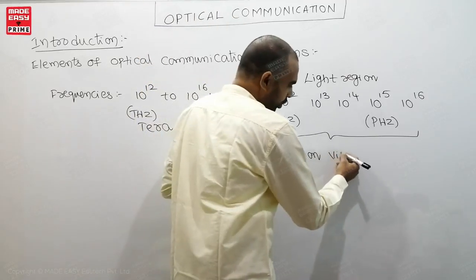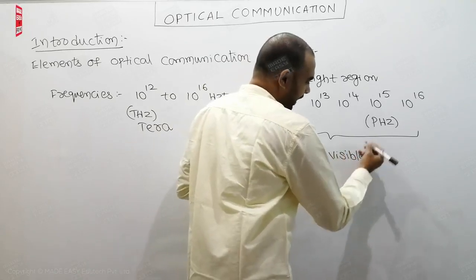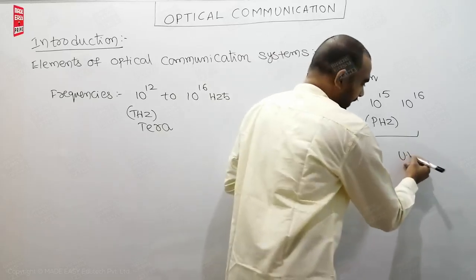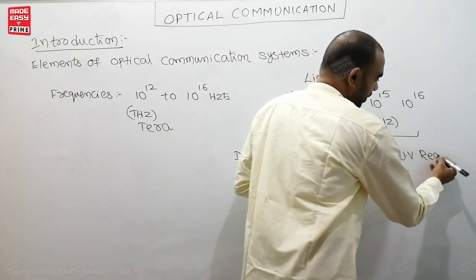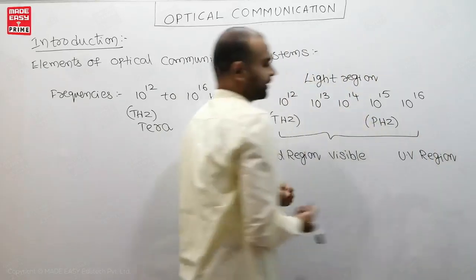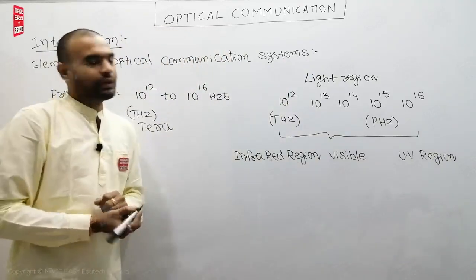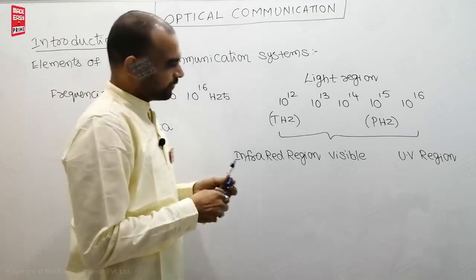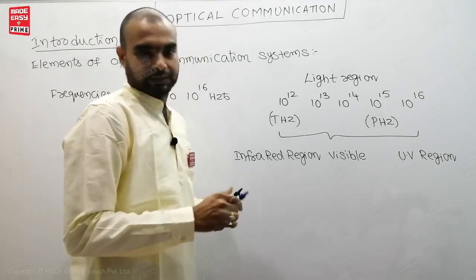The second one is called the visible light region. And the third one is called the UV region, the ultraviolet light region. So these are the 3 regions: infrared region, visible region and ultraviolet region.